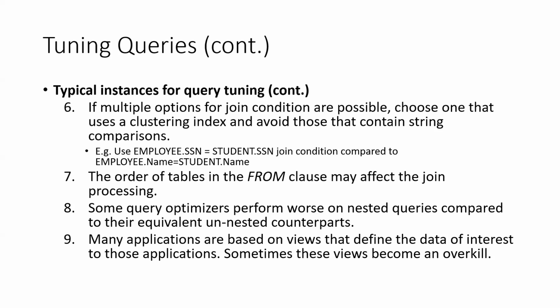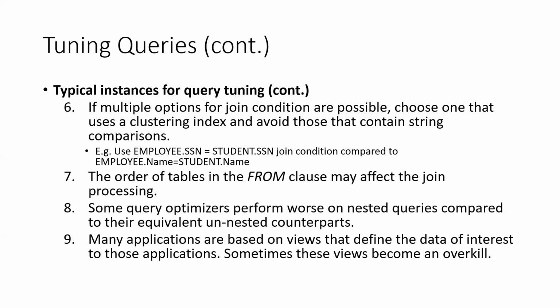Next, the query optimizers. Although you write a query, usually the database management system internally optimizes your query. But there are problems if you write it as nested queries. Nested queries are okay as far as writing them is concerned, but sometimes that might affect your query performance.